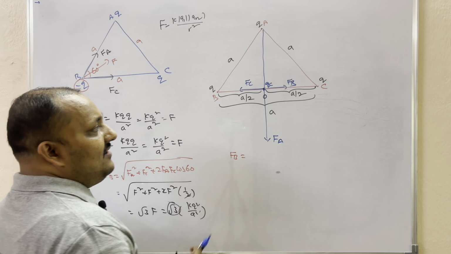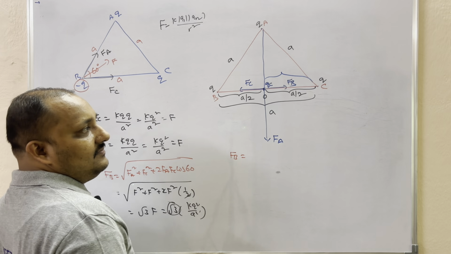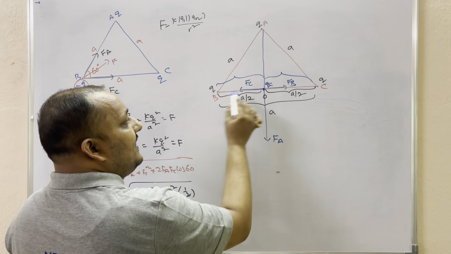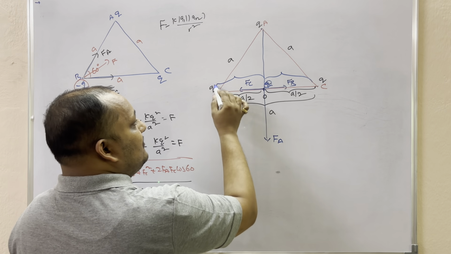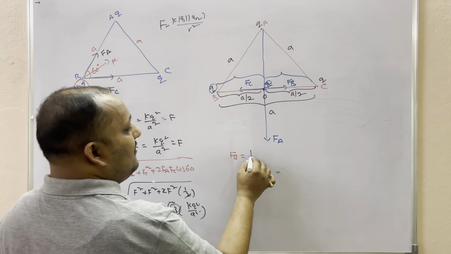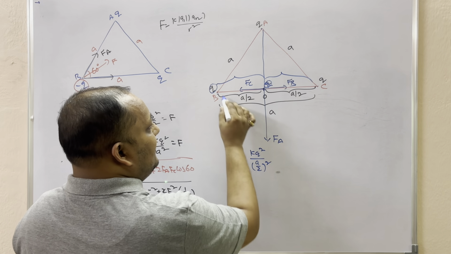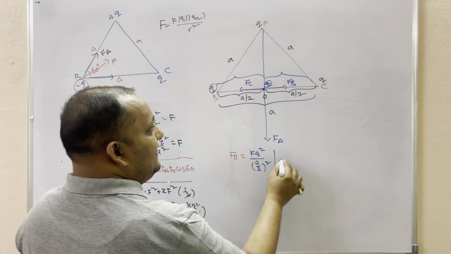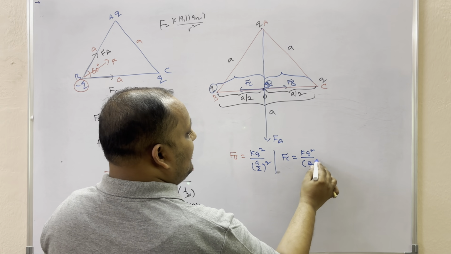FB is nothing but the force between B and O. So at B and at O the same charge Q coulombs. Therefore K into Q square by the distance, and the distance from here to here is A by 2 whole square. Like this, what is FC? That is also K Q square by A by 2 whole square.